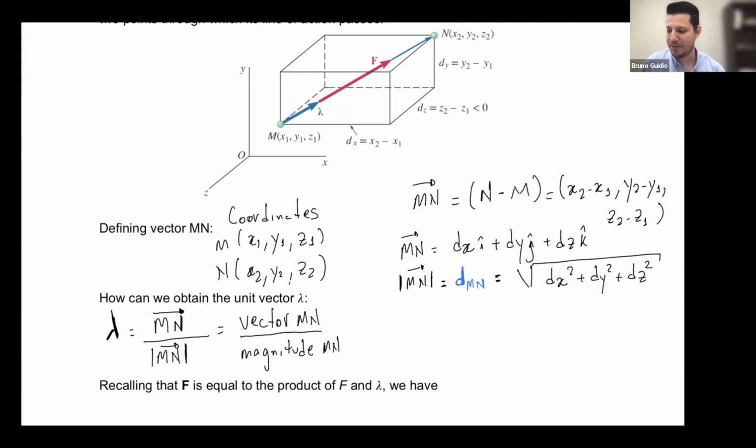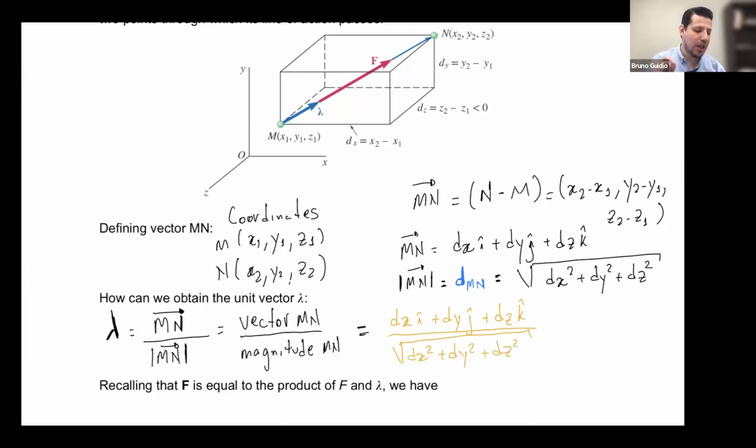This is the magnitude of a 3-dimensional vector. Now, coming to the unit vector, how can we write this unit vector lambda? Well, this is going to be dx i hat, dy j hat, dz k hat, divided by the square root of dx squared plus dy squared plus dz squared.